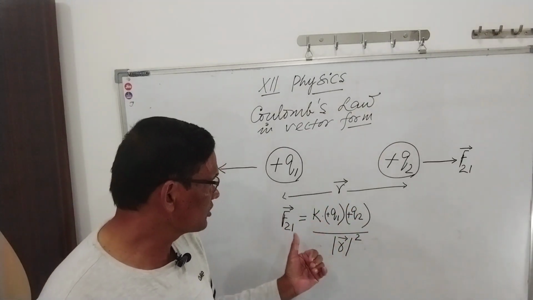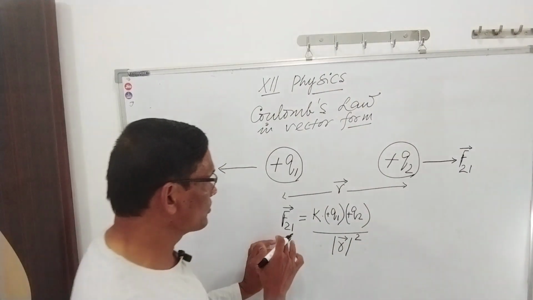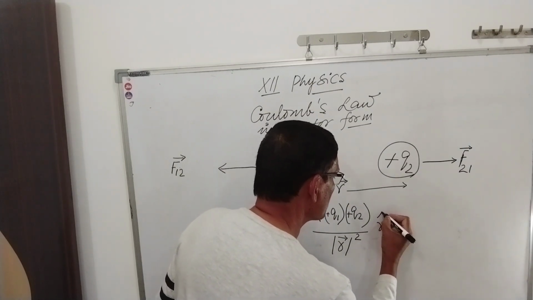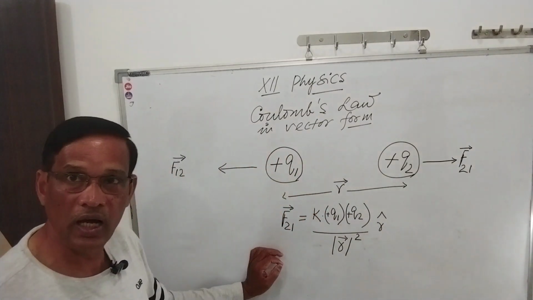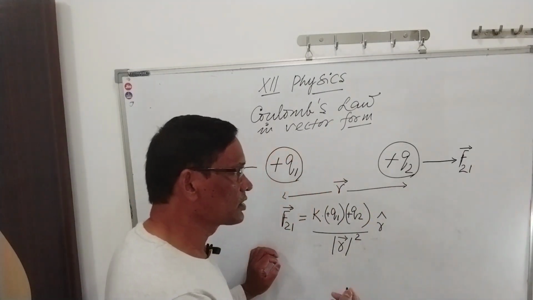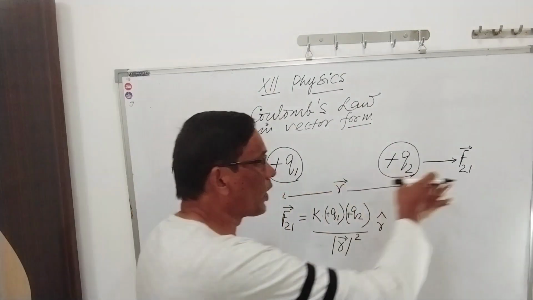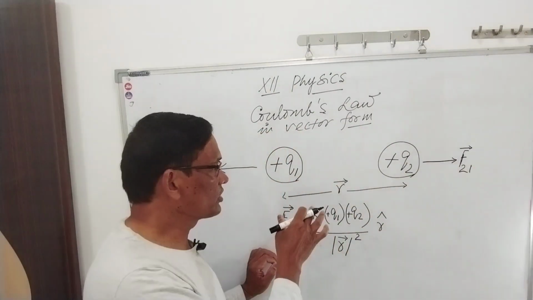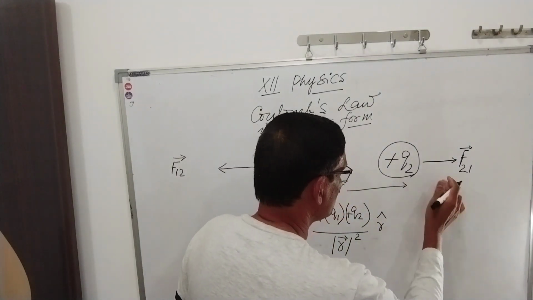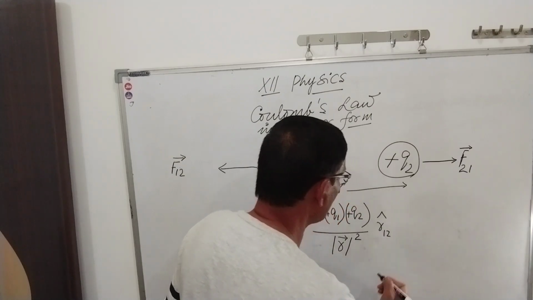Now the direction for 2 to 1 will be r unit cap, and the direction is from 1 to 2.